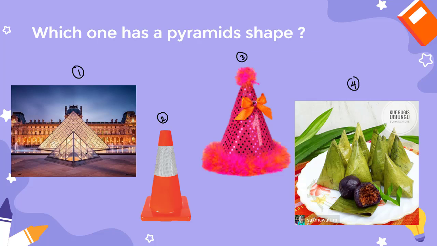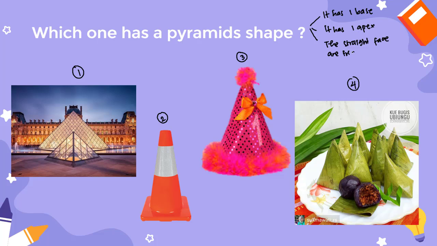To decide which one has a pyramid shape, you have to remember the general properties of a pyramid. The first one, it has one base, and it has one apex. And the last one, the straight faces or triangles.